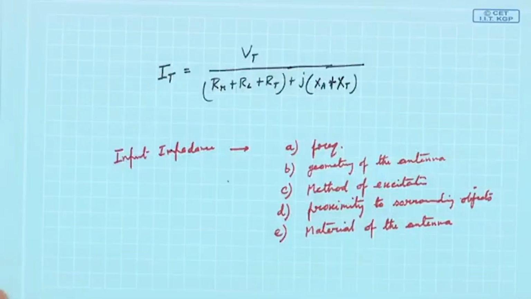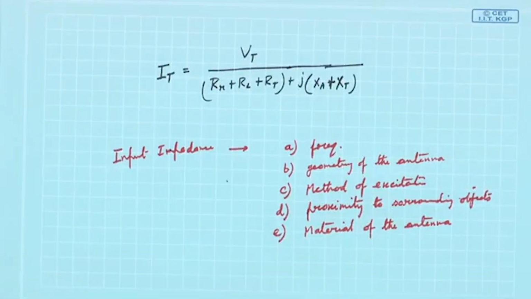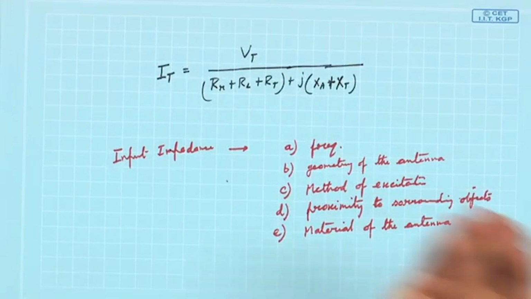So, input impedance is a very important parameter. We will see that for narrow band antennas, if we know the impedance and if we can make the reactive part of the antenna zero at a particular frequency, then that antenna can be called a resonating antenna. Actually, that is the practice in dipoles etc., we will see next when we go to those things.